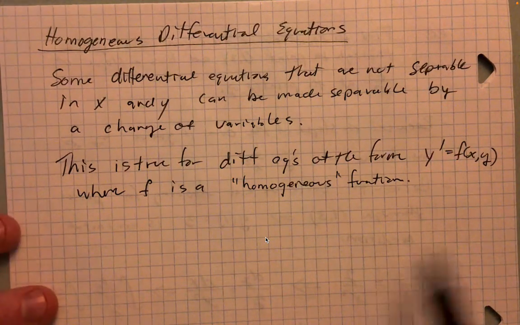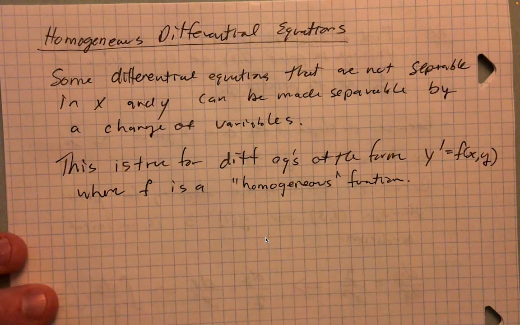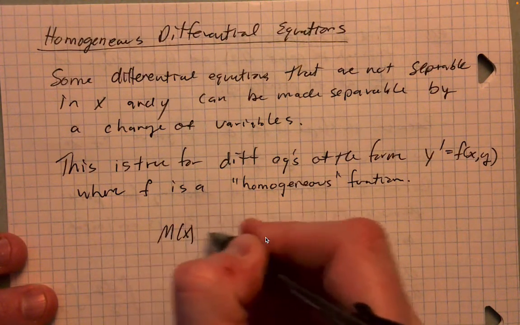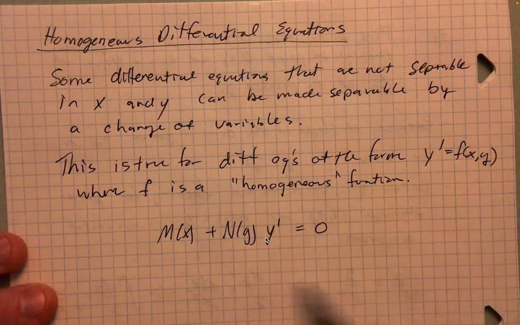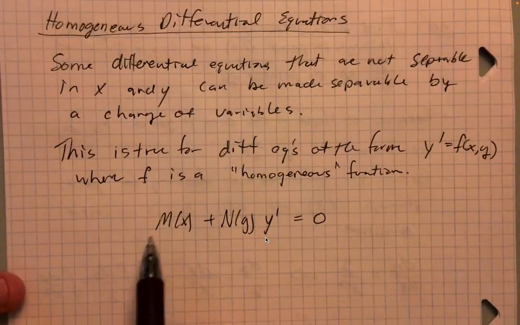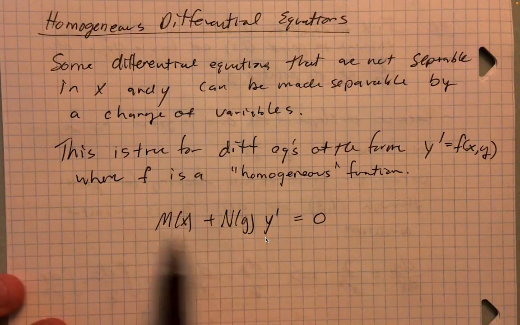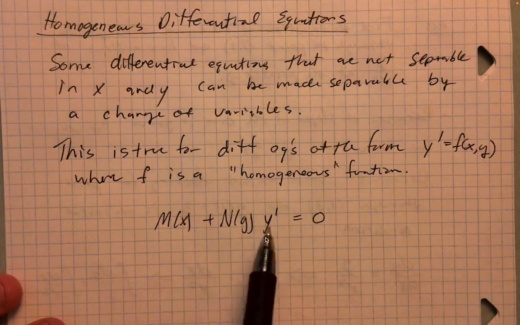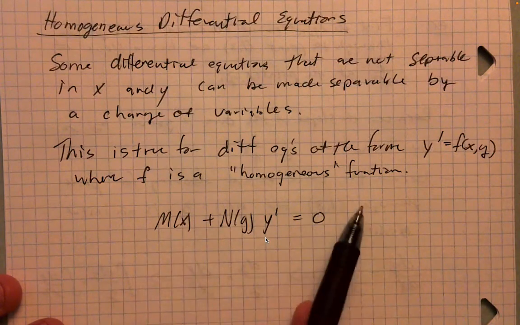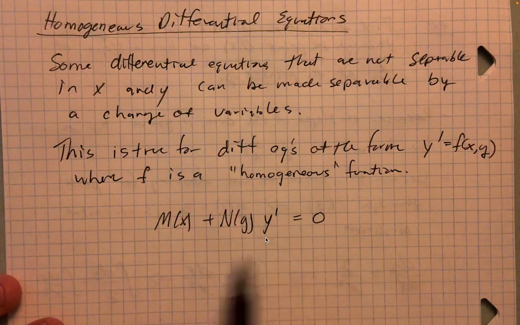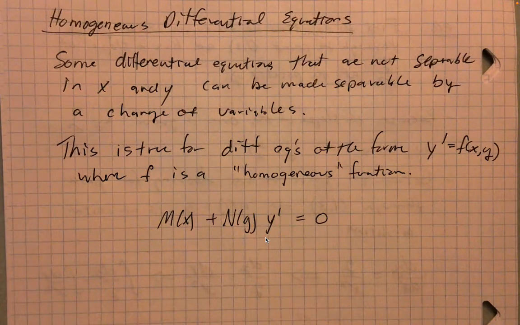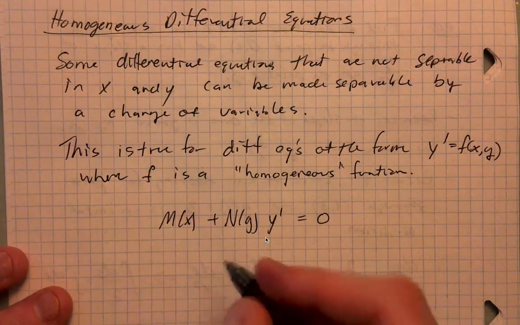All right, so we just saw examples where we had a form where you had m of x plus n of y times y prime equals 0. Right, so in this case, differential equations of this form are immediately separable, right? So m of x can just come over here, n of y can stay here, and dy over dx can split as needed, right? So these are immediately separable.